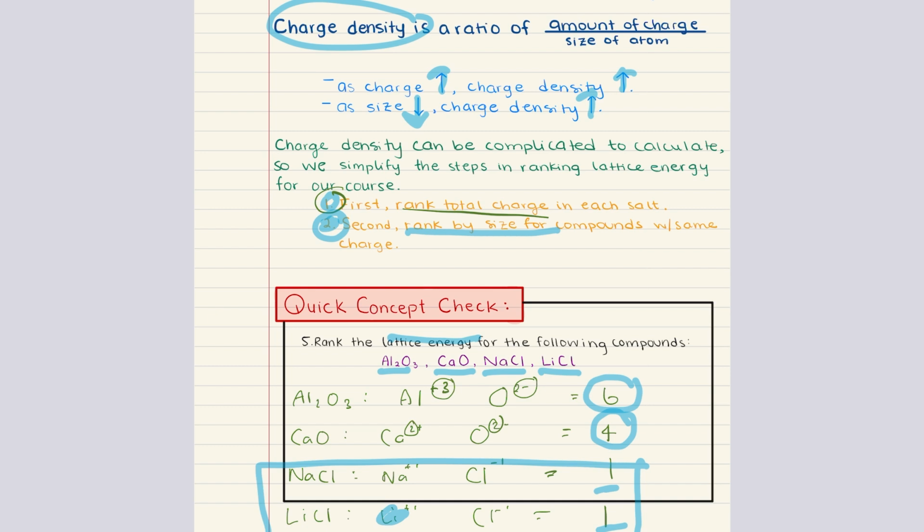So that means lithium chloride is going to have a higher lattice energy than sodium chloride. So to repeat, aluminum oxide has the highest lattice energy, followed by calcium oxide, followed by lithium chloride, and then finally sodium chloride. And with that, we've completed everything we wanted to cover in this lecture.